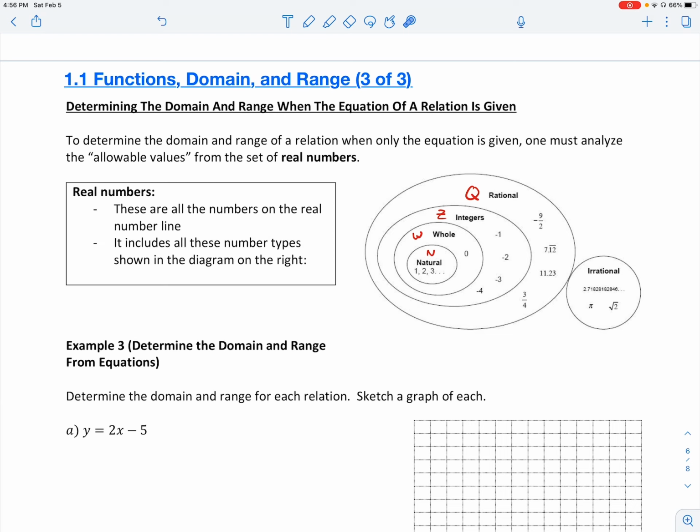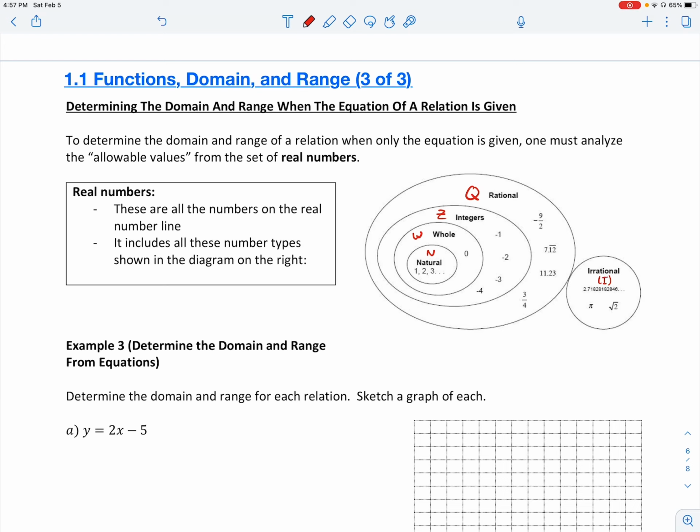So outside of all these is another system for numbers, which doesn't include any of these other ones that are here. And it's quite separate. The irrational numbers are given the symbol I. Okay, that is an I there.